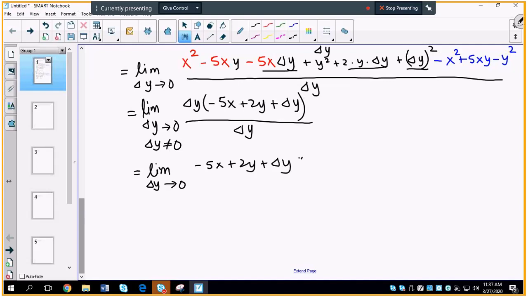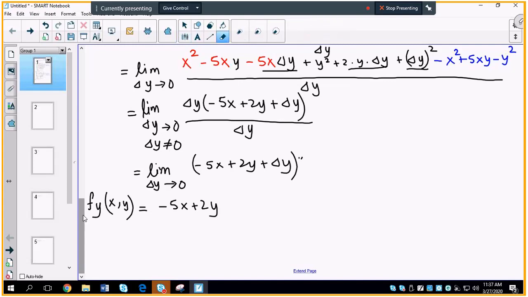I can do the direct substitution, and hence my answer is going to be minus 5x plus 2y, which again is the partial derivative of the function with respect to the variable y. And hence we are done using the formal definition of derivatives in finding partial derivatives.